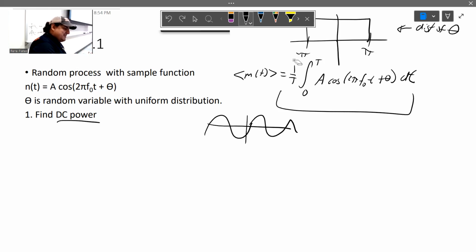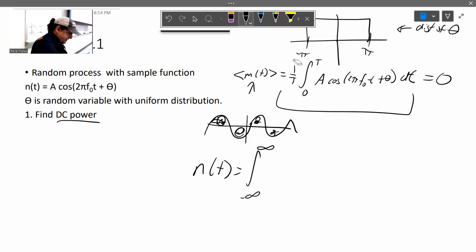Since it's a sinusoidal wave and this right here cancels out with this, and this cancels out with this, it's gonna be equal to 0. The power of this right here is gonna be equal to 0. However, that's the power of this message signal. However, X(t) being this right here, it's gonna be x f(x) dx.